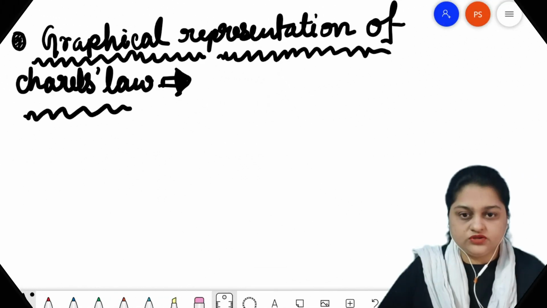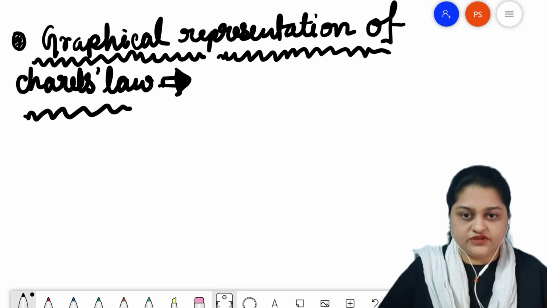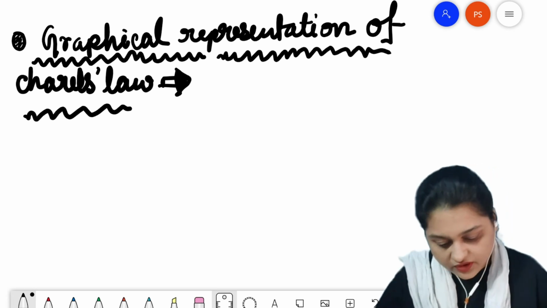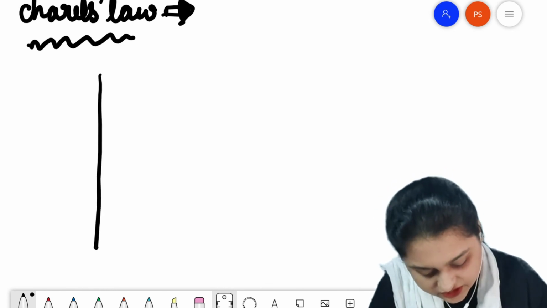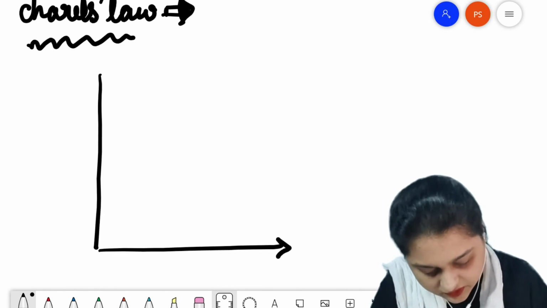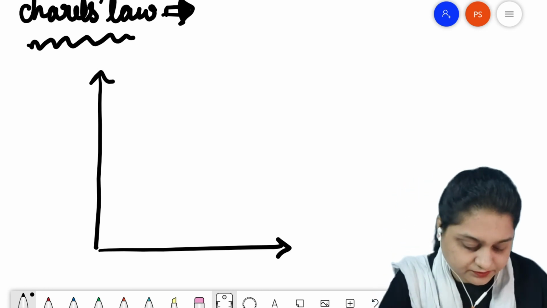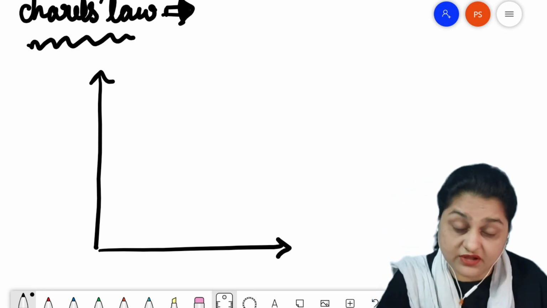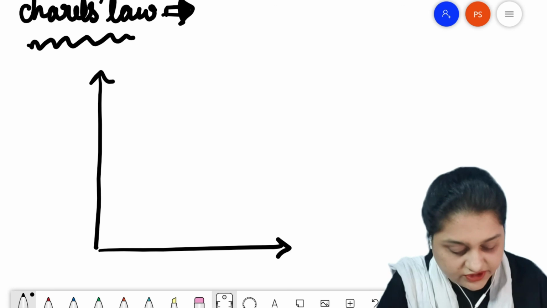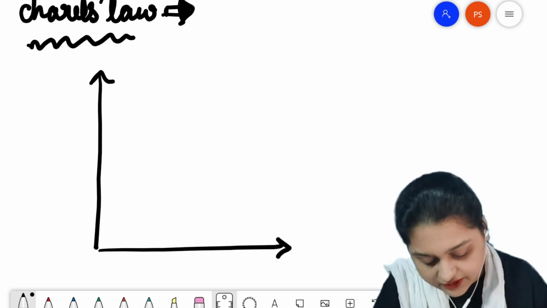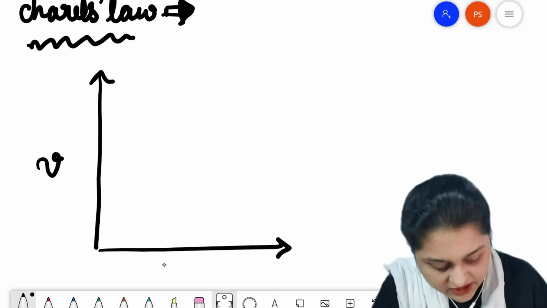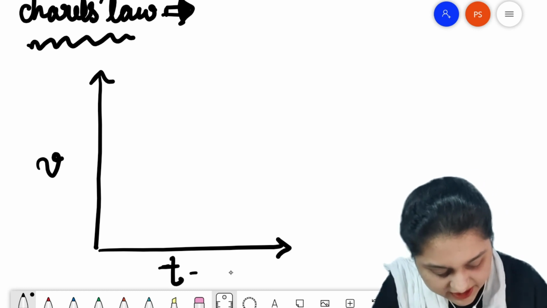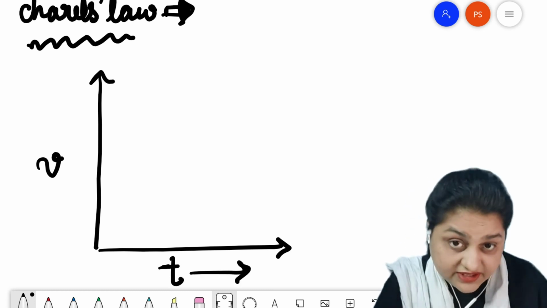Charles' law can also be explained on the basis of a graphical explanation. The graphical explanation of Charles' law relates the volume of the gas with the temperature. That's why we are going to take the y-axis as the volume axis and the x-axis as the temperature axis taken in degree Celsius.